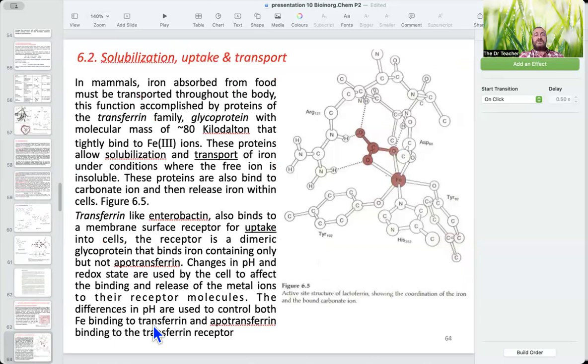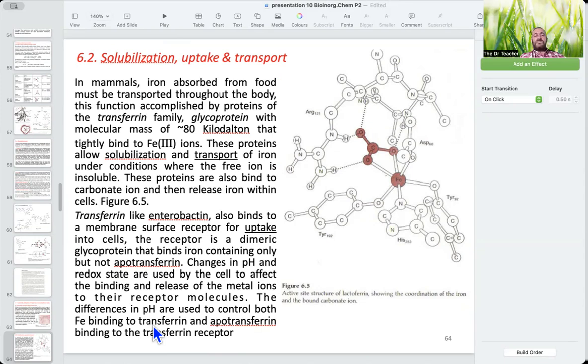In mammals, iron absorbed from the food must be transported throughout the body. This function is accomplished by proteins of the transferrin family, glycoprotein with molecular mass of about 80 kilodaltons, very big, that tightly bind iron 3 ions. These proteins allow solubilization and transport of iron under conditions where the free ion is insoluble.